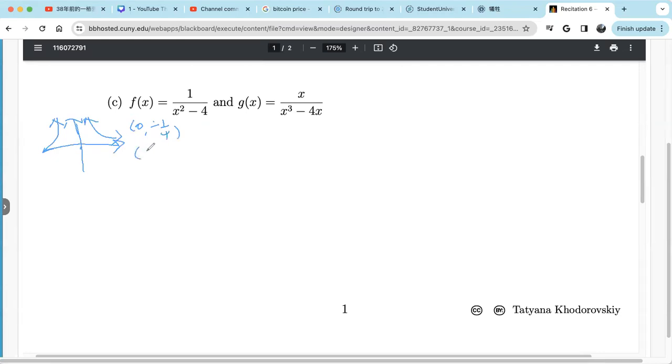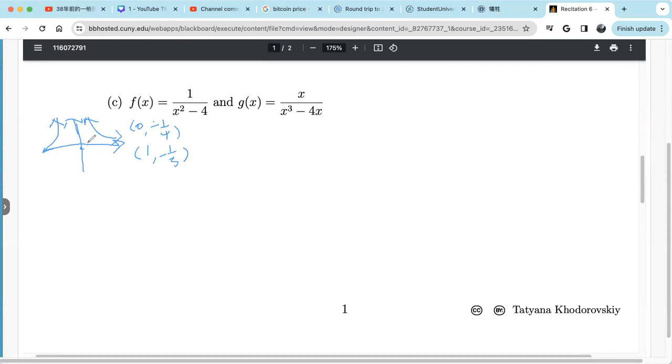Now let me try 1. If x is 1, we get -1/3. So it's too close to the previous, right? So 0, -1/4, this one.